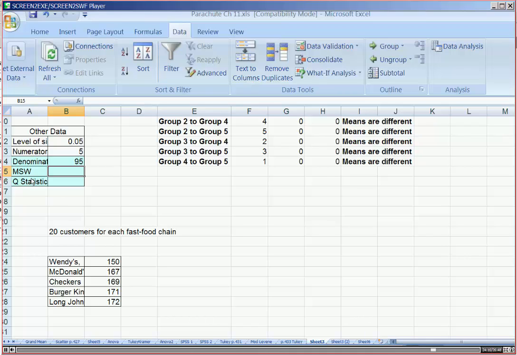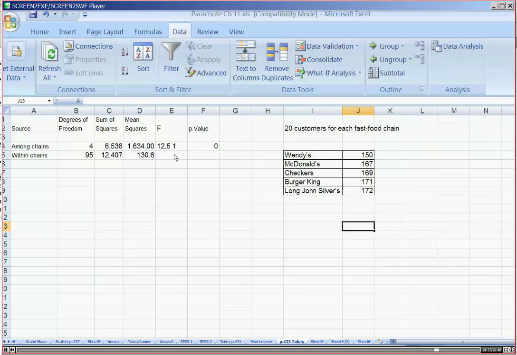Now the mean squares between and within groups had to be calculated from the table they gave us.